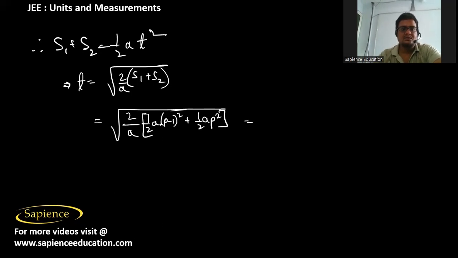So this will be equal to root over p square plus p minus 1 whole square.